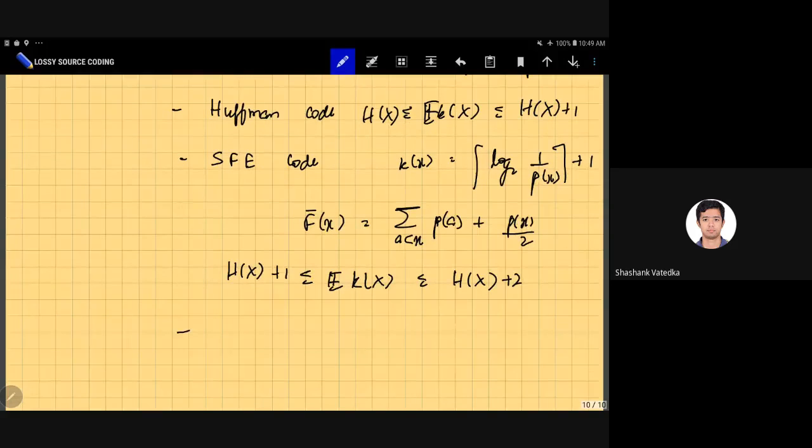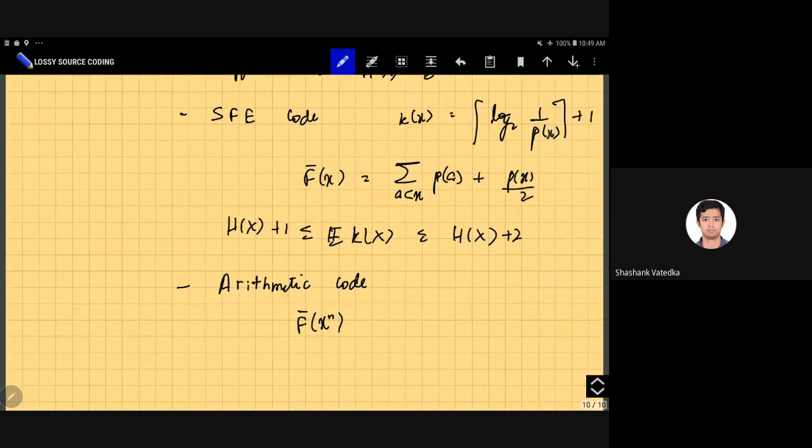Using the Shannon-Fano-Elias code, we tried to do blockwise compression instead of symbol-wise compression using the arithmetic code. It is essentially a Shannon-Fano-Elias code, but it allows you to compute F bar of x^n in an efficient manner.